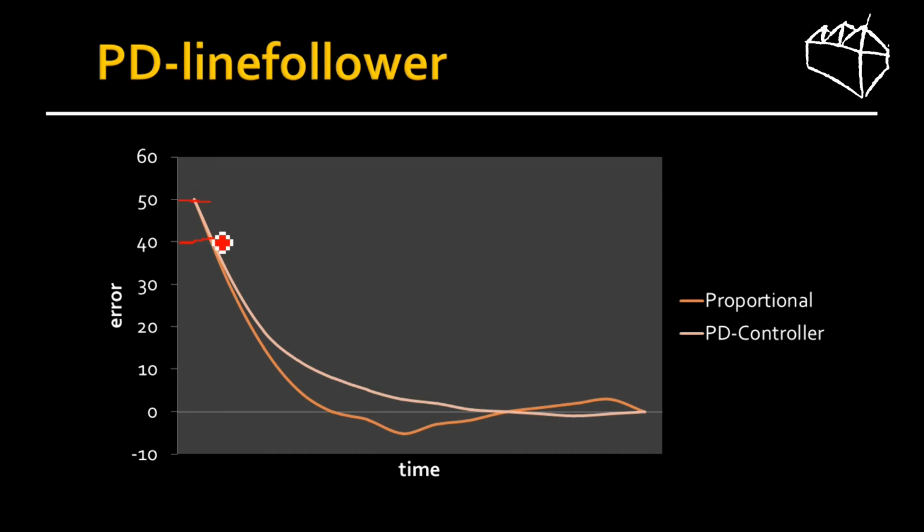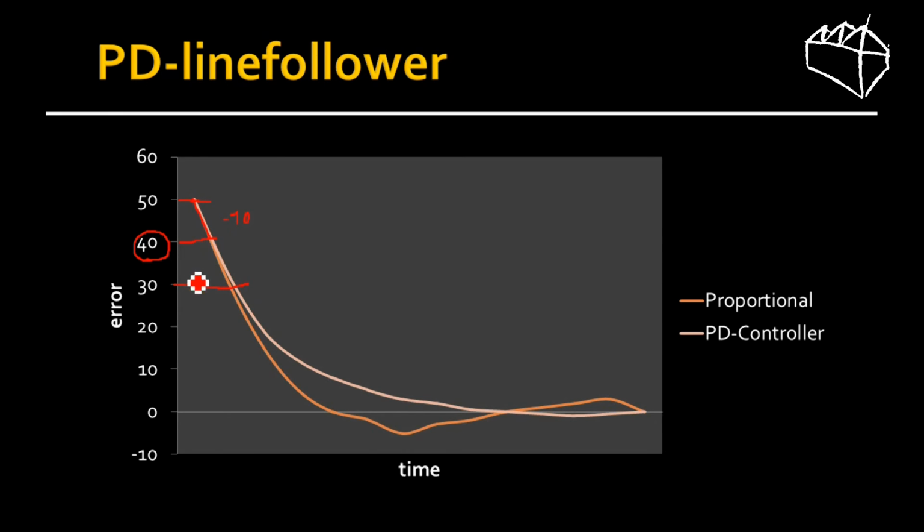So, for example, now the derivative is minus 10, and because this difference is minus 10, the next error might be the current error minus 10, as you see, because the graph moved like this, and it will probably not change much.